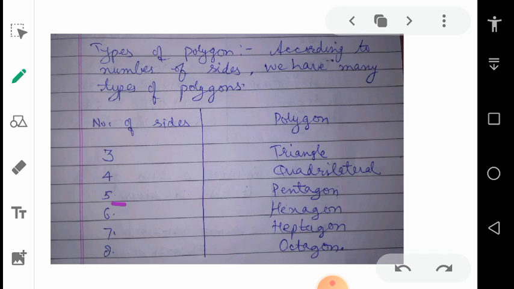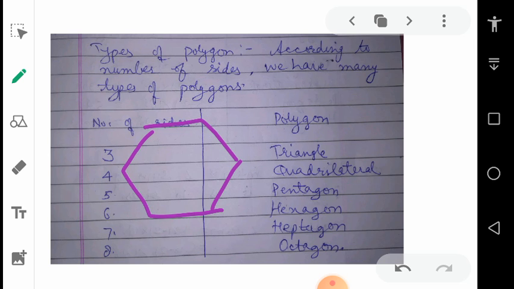Now it is a quadrilateral. Okay, there are 4 sides. Now it is a pentagon, there are 5 sides. This is a hexagon, it has 6 sides. So in this way, if we increase the number of sides, we will have different polygons.